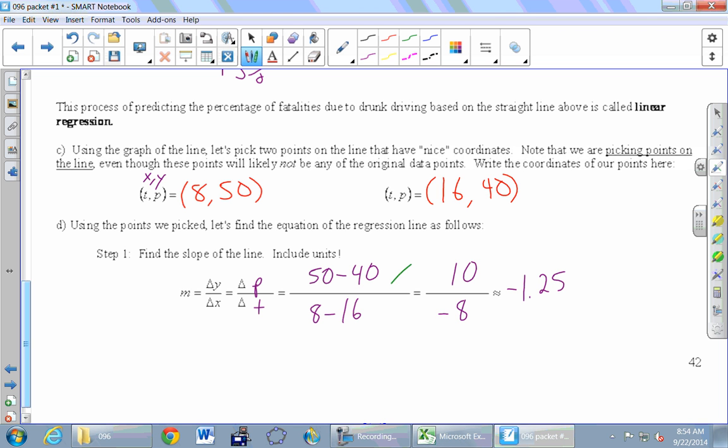Those were percentages. The 8 and the 16 were years. It was time, and it was measured in years, right? And so when we talk about this negative 1.25, that's negative 1.25% per year. Some of you might already be thinking about, well, what does that really mean in the scheme of this problem? I think we'll answer that question.